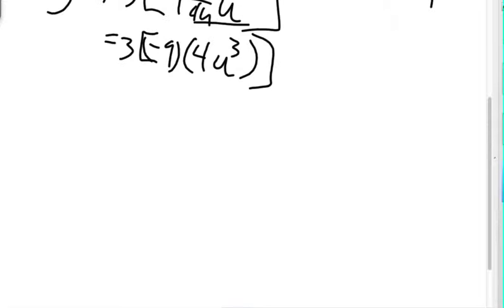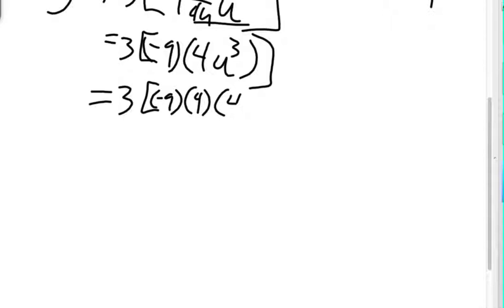Okay, so now I come back and I'm going to substitute back in. I'm going to have 3 times a bunch of mess, and my u was (4 minus 9x) to the 3rd. And now what I'm going to do is go ahead and distribute on in.